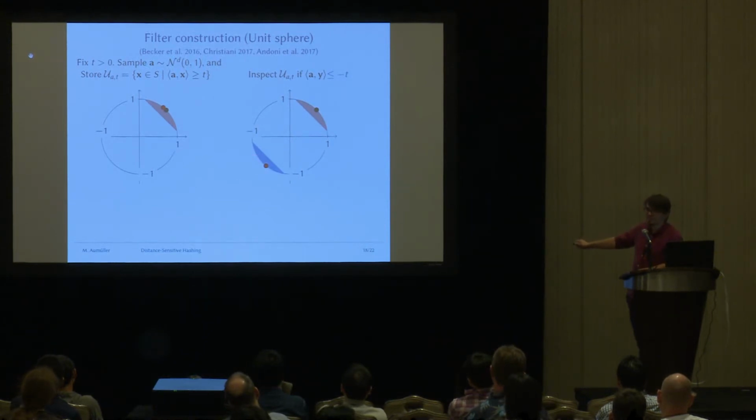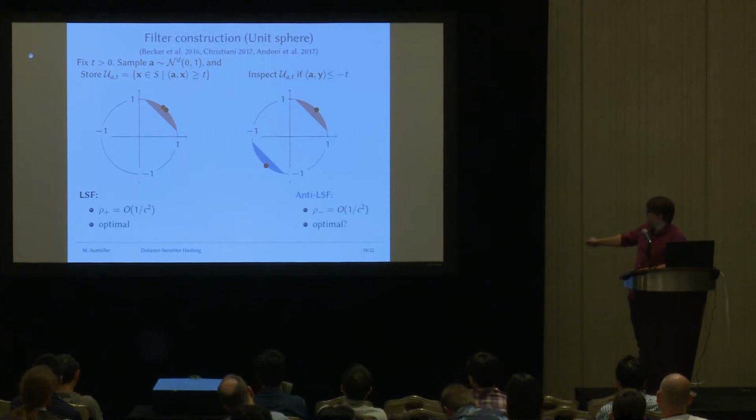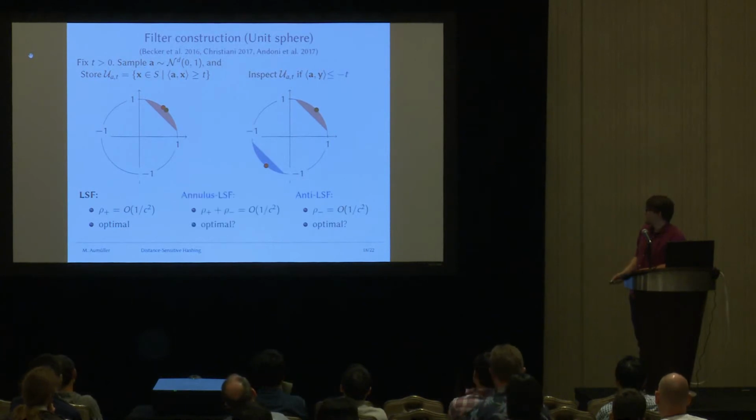So this is the anti-bit sampling part here. And what is known as this rho plus value for an LSF is 1 over c squared. This is as good as it can get. We show in the paper the anti-LSF also has this 1 over c squared. Question, is this optimal?